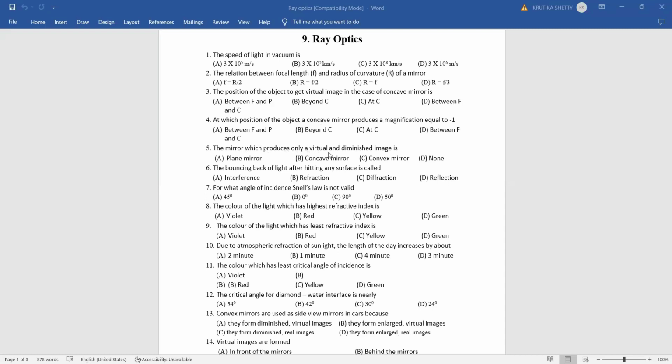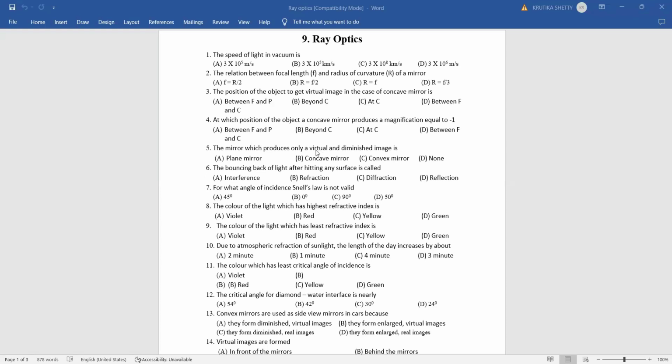The mirror which produces only a virtual and diminished image is. Here the convex mirrors will produce the virtual image. That is option C. Yes, very good. Option C is the correct answer.